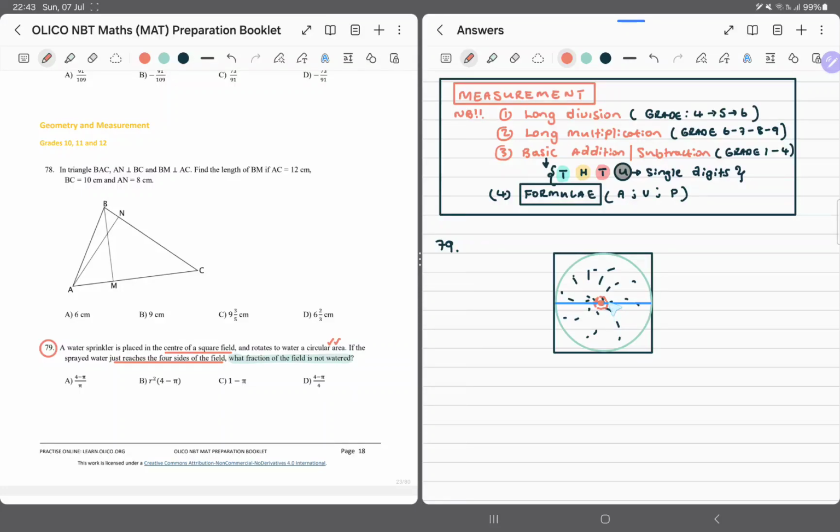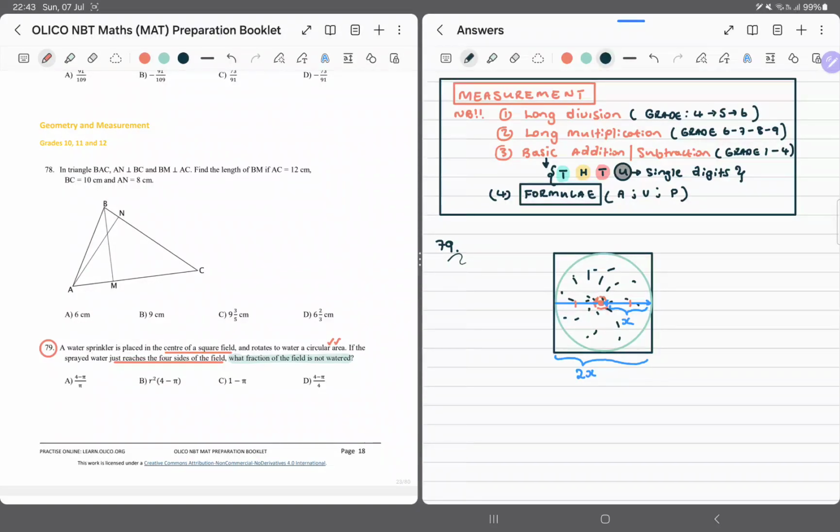So if we let our radius equal to x, for example, so because we know that the radii are equal, it means the dimensions of this square is going to be 2x, okay? So this is key. And essentially this is what we need to say.